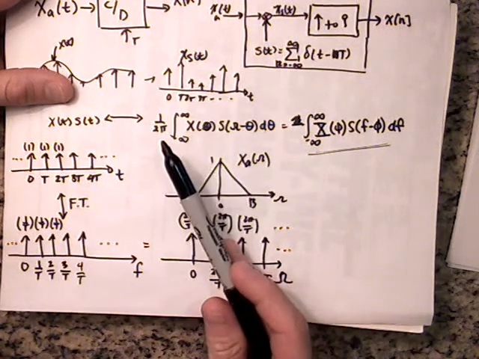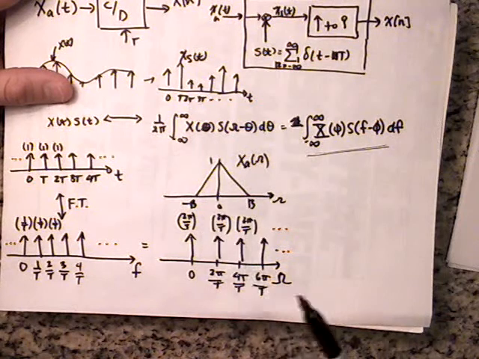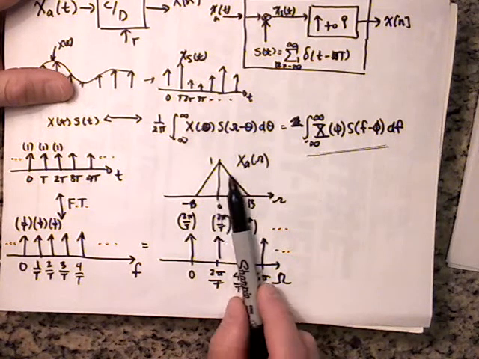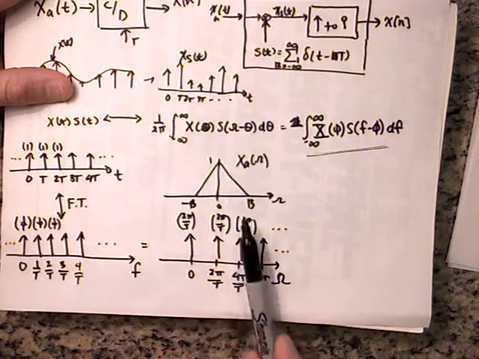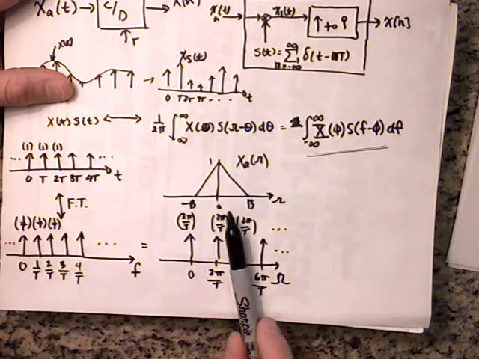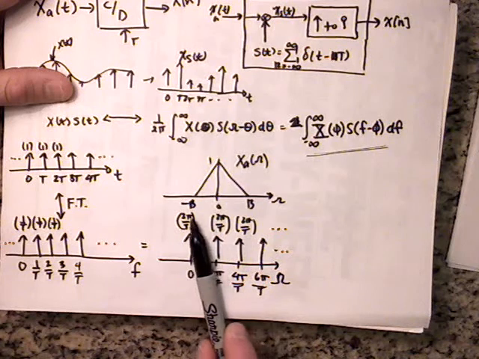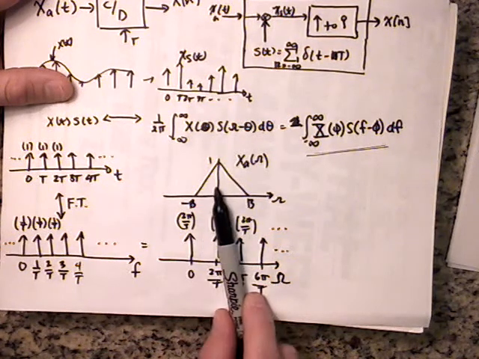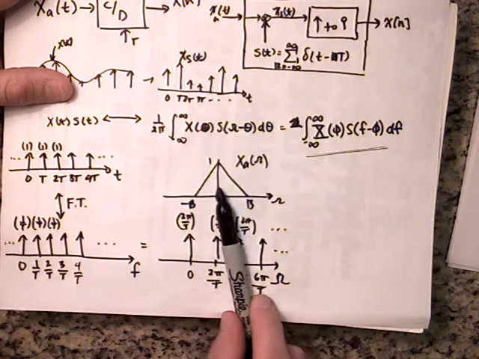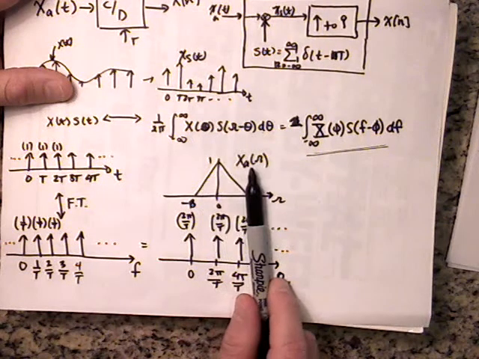I've got a 1 over 2 pi because I'm doing this in radians. So what happens when you convolve a function with an impulse train? You just get a copy of that function on top of each one of those impulses, and the area of each one of the impulses just scales the amplitude of X_a(omega).